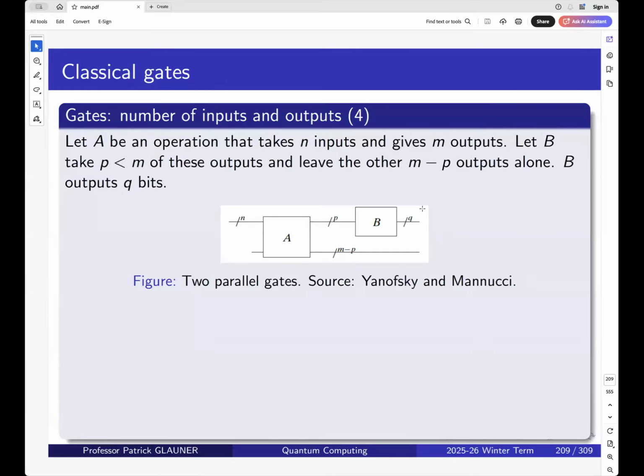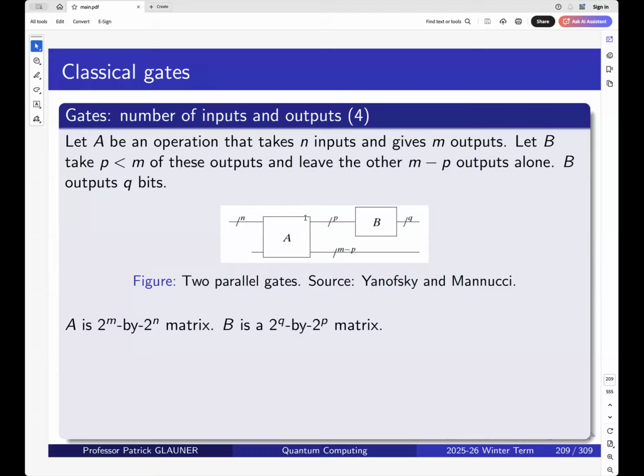And if we try to describe this circuit, we see that A is fairly easy to describe, and B as well, but there is parallelism of B and these remaining outputs of A. Even though there is no operation here, we still need to model this parallelism.